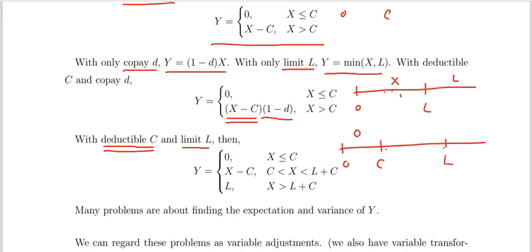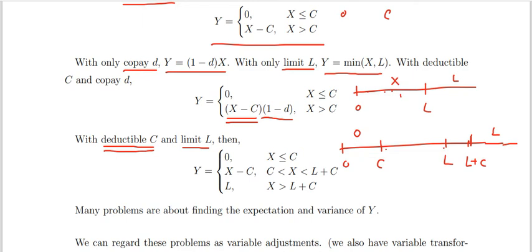If the loss is L plus C, they will pay X minus C, after your deductible, and beyond that they just pay L. At most they will pay this limit.